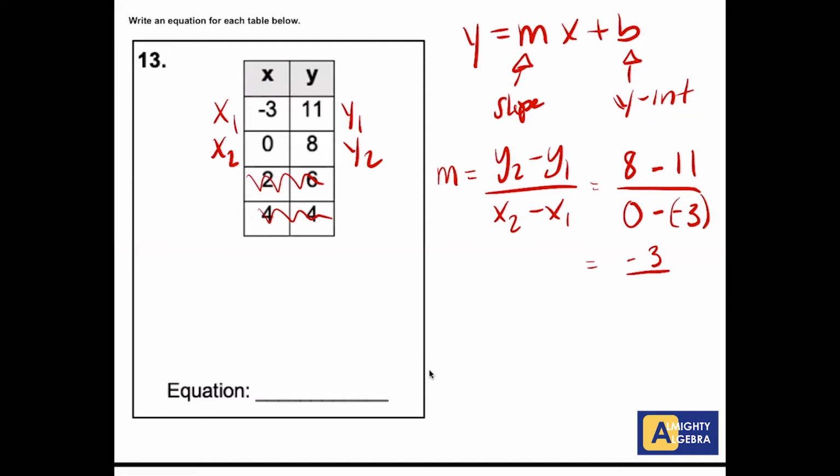Two minuses make it a positive, so it's going to be a positive 3. These are both divisible by 3. So that's going to give me negative 1 over 1, which is just negative 1. So my slope, my m, is negative 1.